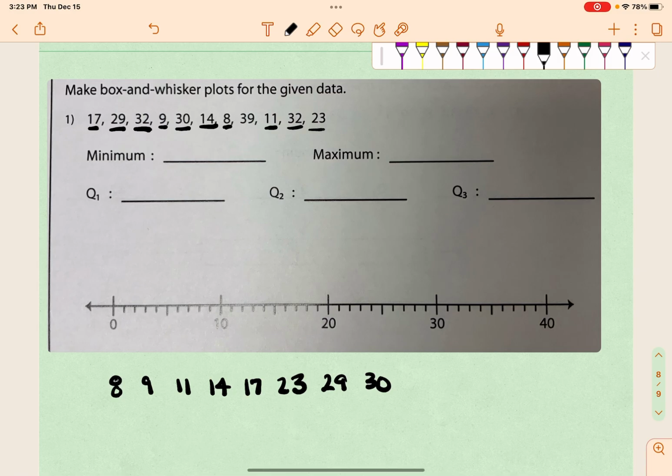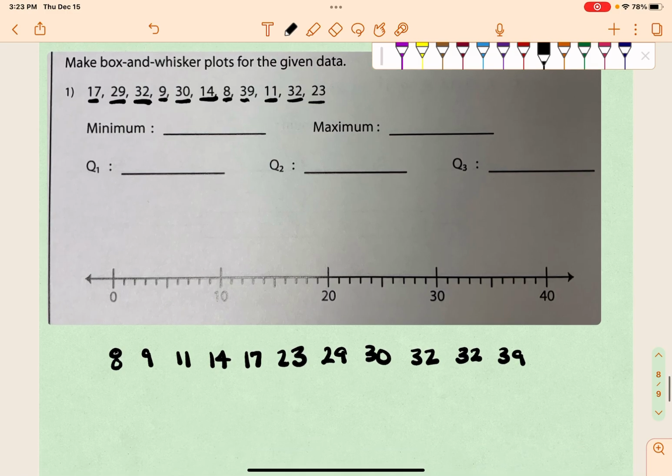I actually have 2 32s, so it's going to appear on your list twice. So 2 32s. The last number is 39. So the easy ones to identify from this are that 8 is going to be the minimum, and 39 is going to be the maximum. So I know this is going to be 8, and that's going to be 39.